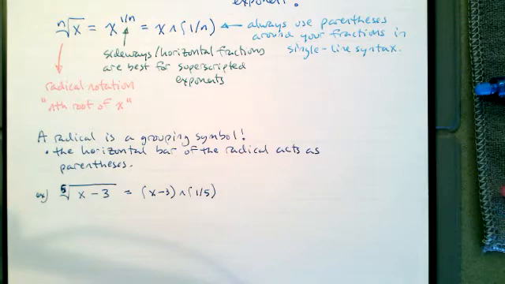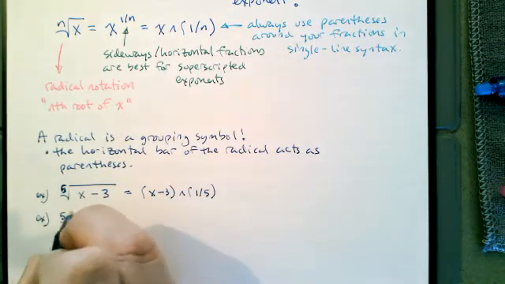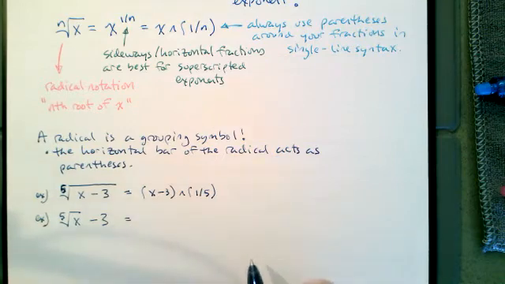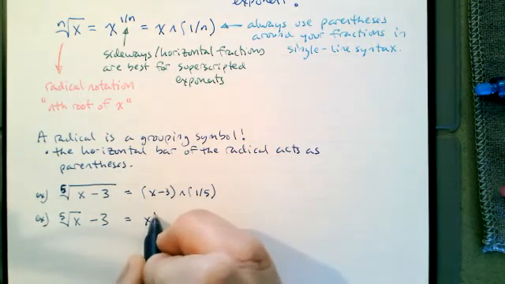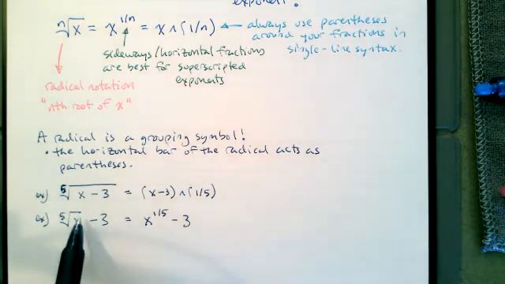However, if I cut the bar off after the x, if I have an expression that says the fifth root of x, minus 3, that's x to the 1/5 power, and then we subtract 3, because the radical bar stops at the x.